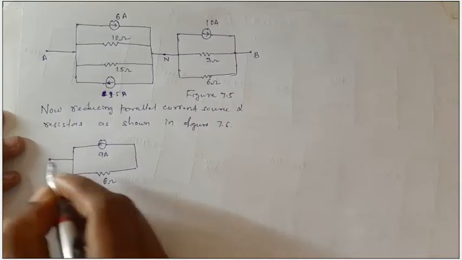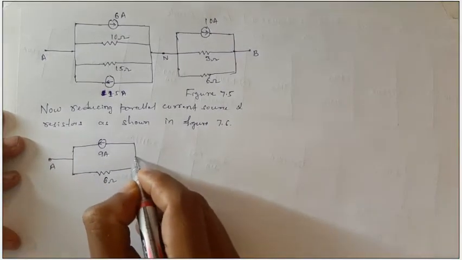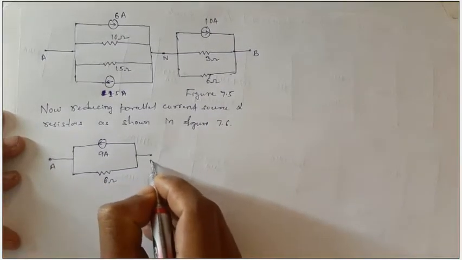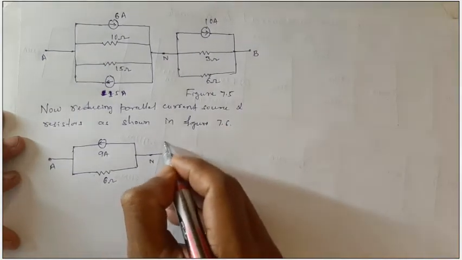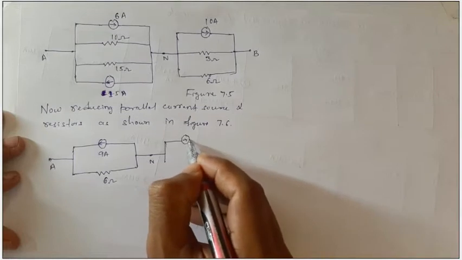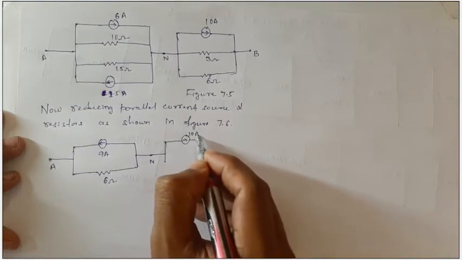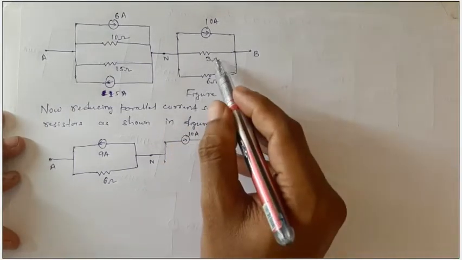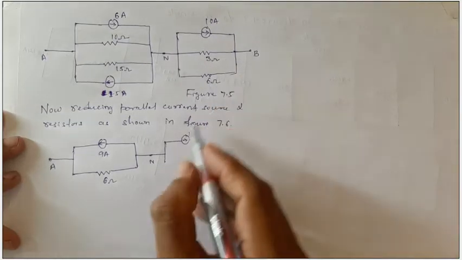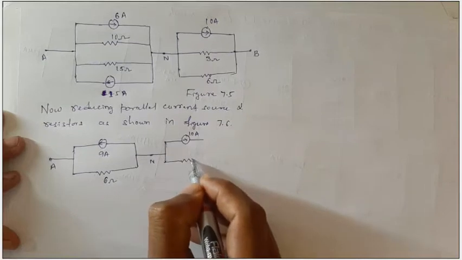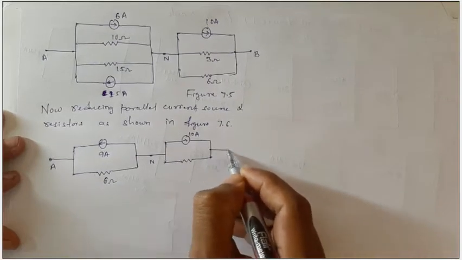It is node A, and here it is node N. Between these two, there is a current source of value 10 ampere, and now 3 into 6, 18 divided by 3 plus 6, which is 9, means it is 2 ohm. This is point B.